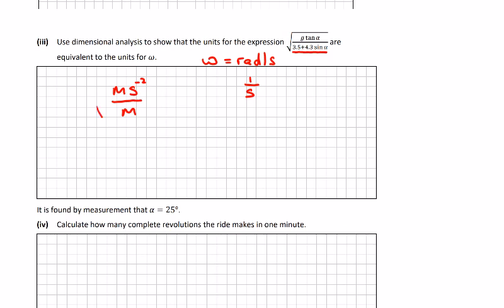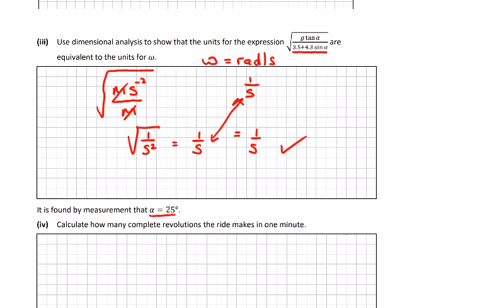In this case, we have the square root of this expression, and the m's will cancel each other out, and we'll end up with the square root of 1 over s squared, which is also equal to 1 over s. So 1 over s equals 1 over s. That's my dimensional analysis.